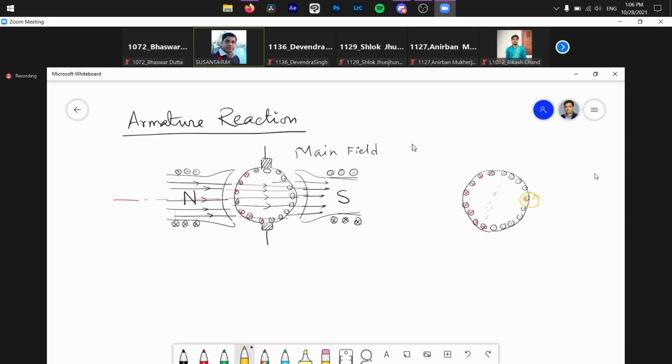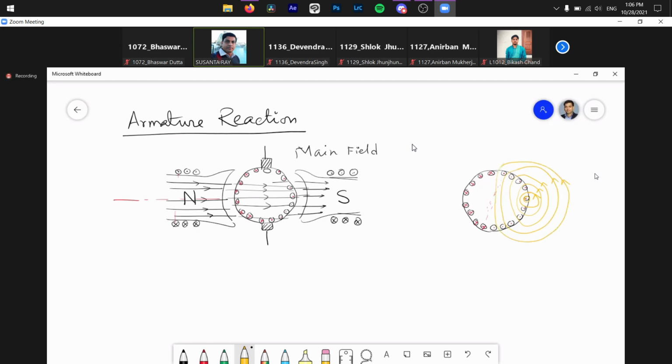Okay. Now, next one, we can take these two together, these three together. So it will generate like this. So cumulatively, the field will be added like this. Got my point?